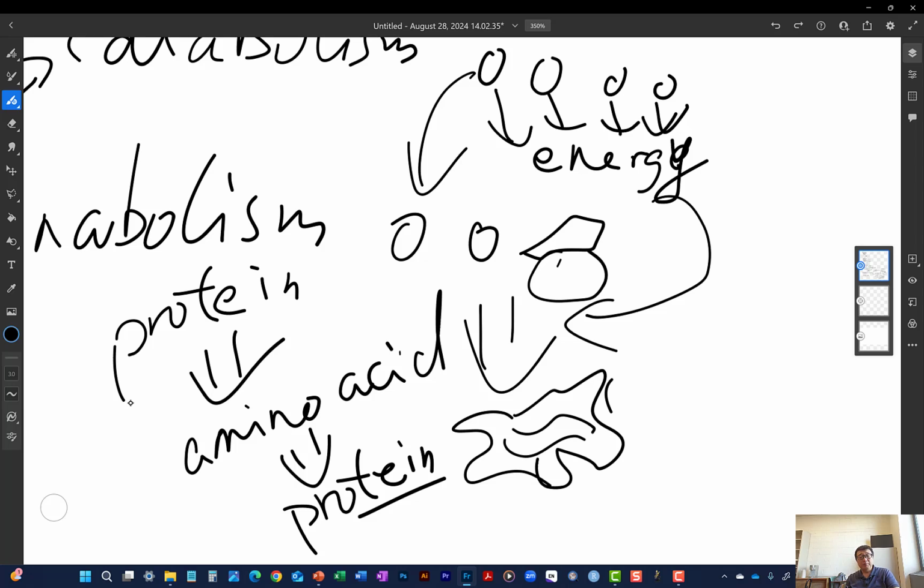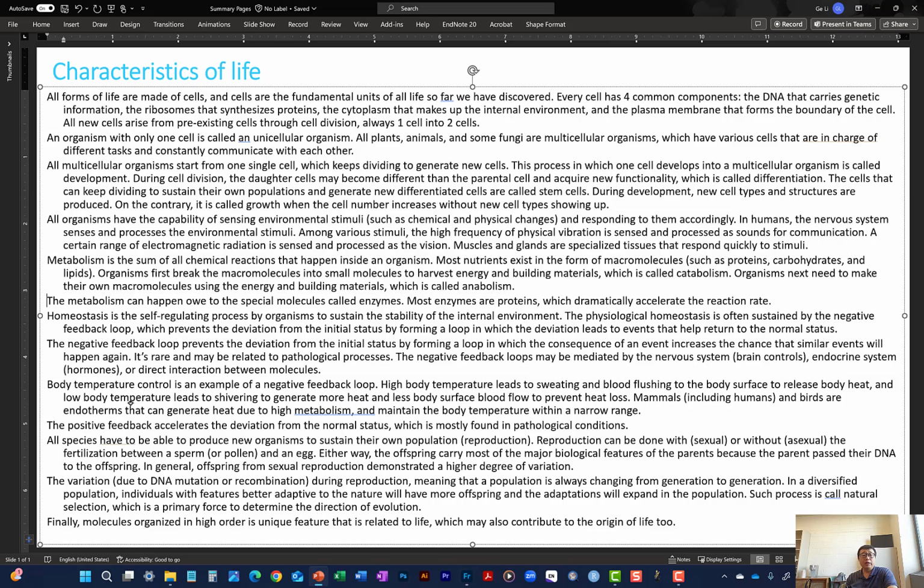So this is metabolism, which includes catabolism, anabolism, and all of the processes. Almost all of those need a special molecule called enzymes. And through all of that metabolism, the main purpose is to maintain a relatively stable internal environment.